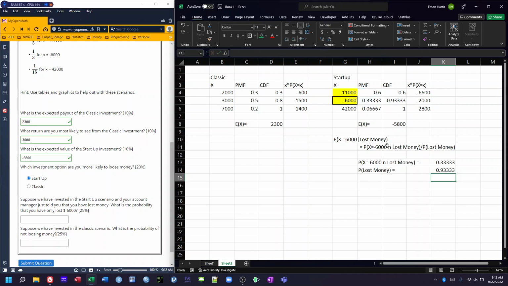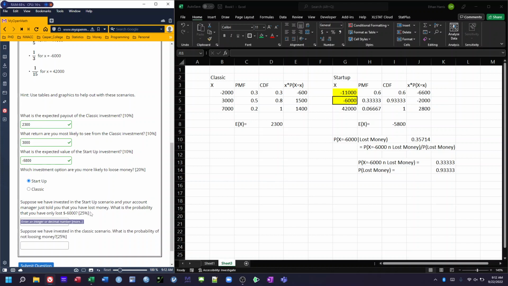So up here, this is going to be equal to the intersection divided by the probability of losing money. Hit enter, and there's roughly a 37.5% chance, 0.37514, that we have lost $6,000.